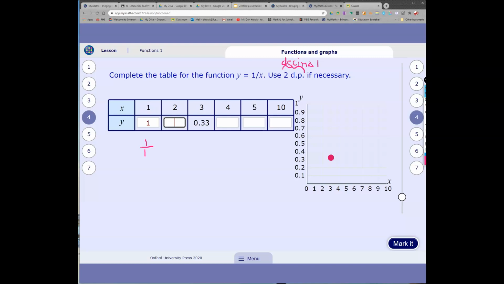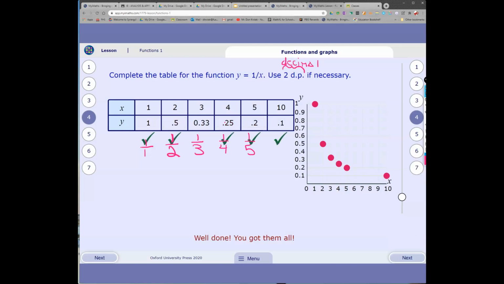Okay, 1 divided by the input, which is 2, so that gives us 0.5. 1 divided by 3 gives us the repeating decimal 0.33. 1 divided by 4 gives us the decimal 0.25. 1 divided by 5 gives us 0.2. And 1 divided by 10 gives us the decimal 0.1. And that's what the rational function looks like.